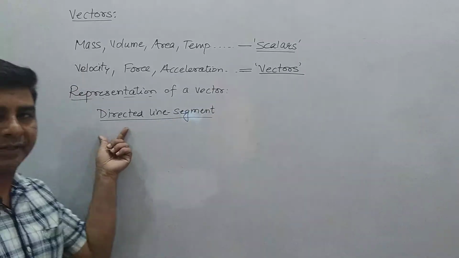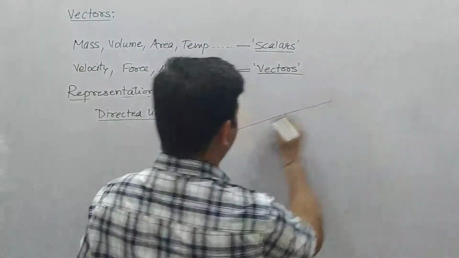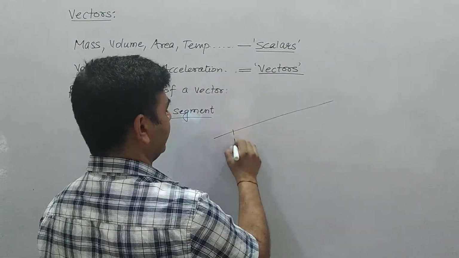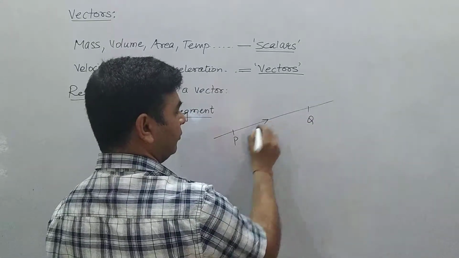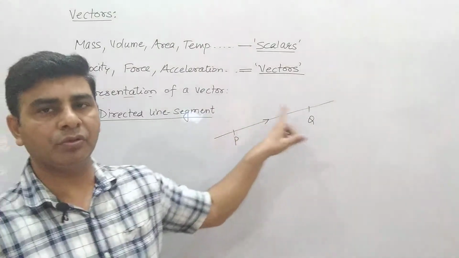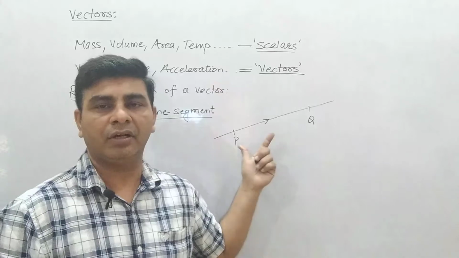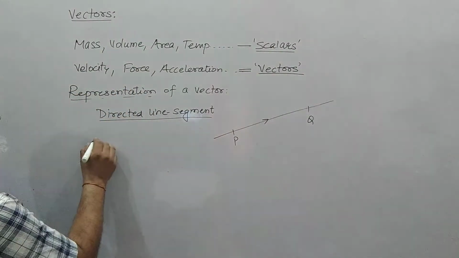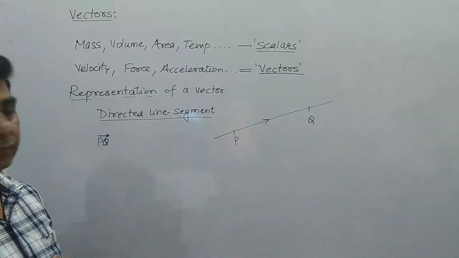Directed means direction should be there, and a line segment should be there. Let us consider a line segment with points P and Q, directed from P to Q. This is a vector, represented by PQ, like this.